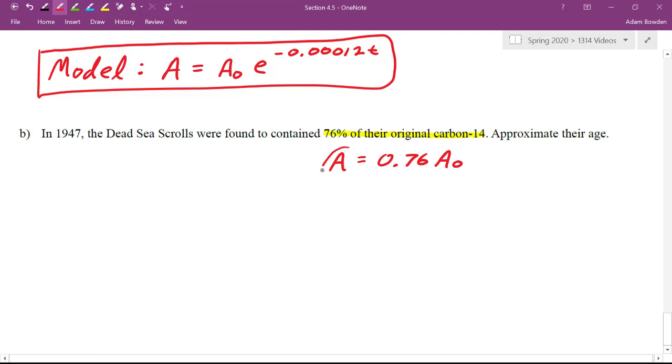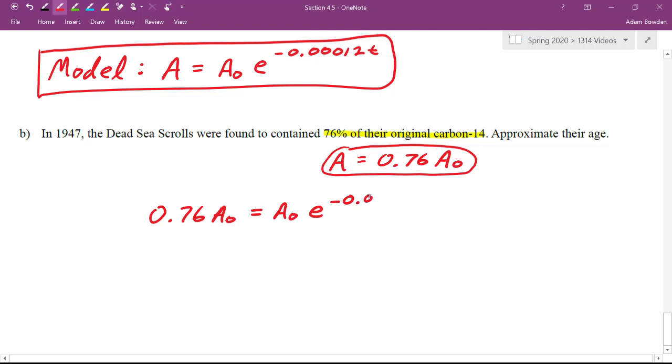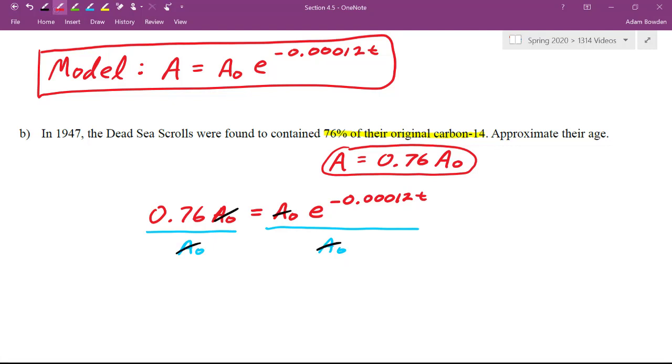So that's what I'm going to use to substitute in for A. I'm going to take my model from the last example. For A, I'm going to put 0.76 A naught, and that's equal to A naught e to the negative 0.00012t. And now I'm going to divide out the A naught from both sides, because that way I can get rid of it from the equation. 0.76 equals e to the negative 0.00012t.